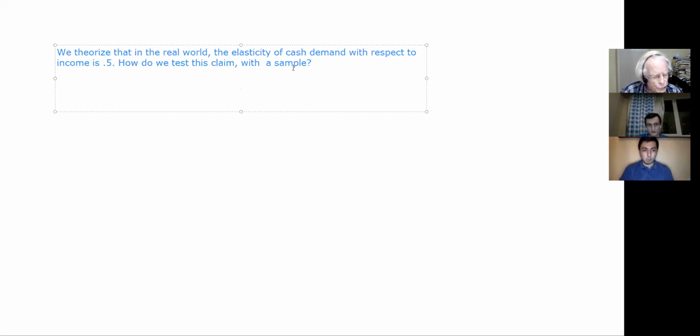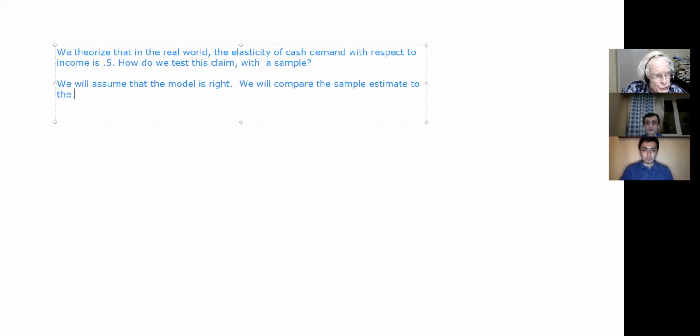So here's what we will do. We will assume that the model is right, and then we will compare the sample estimate of the coefficient to the predicted value.